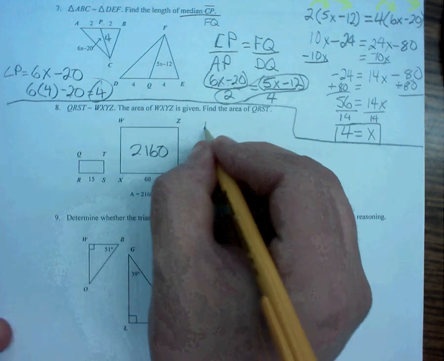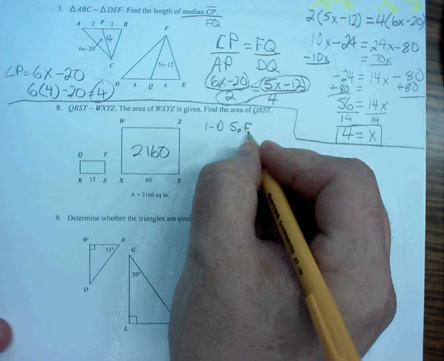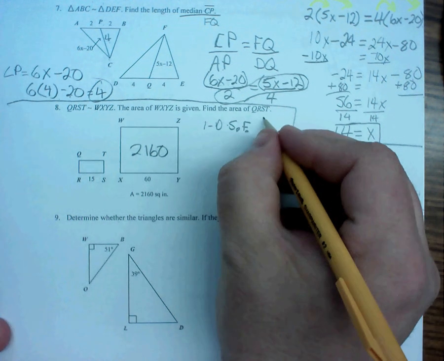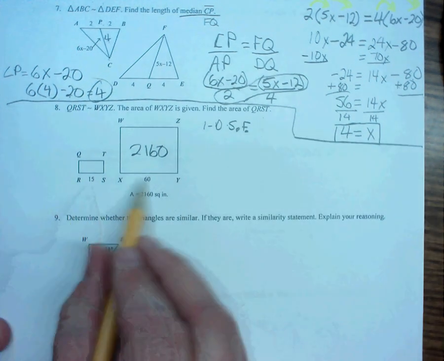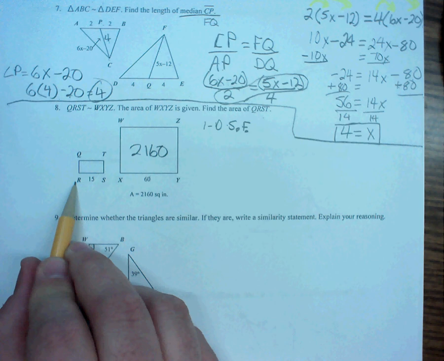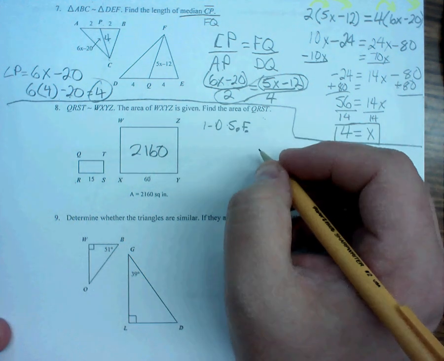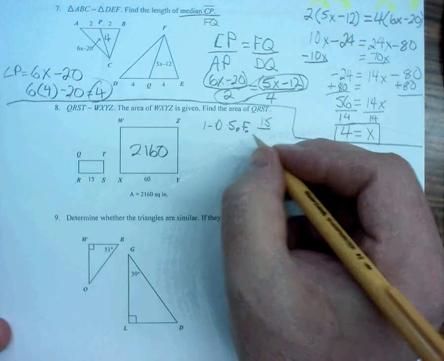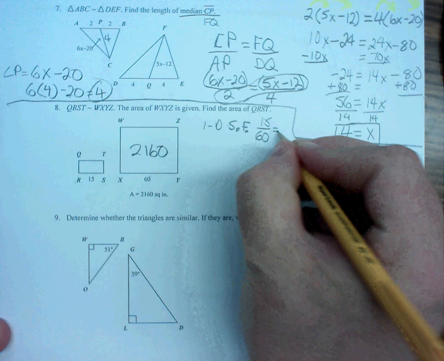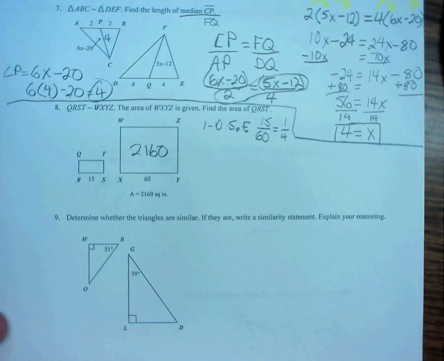So the one-dimensional scale factor, we're going to move backwards, right? So you're going to say, what is 15 divided by 60? Well, if I reduce that down, it's 1 over 4. Okay? That's the one-dimensional scale factor.